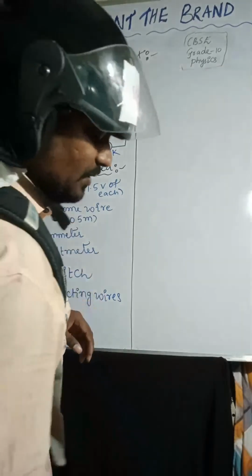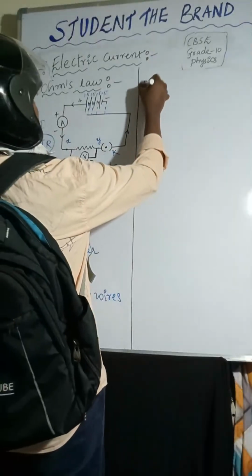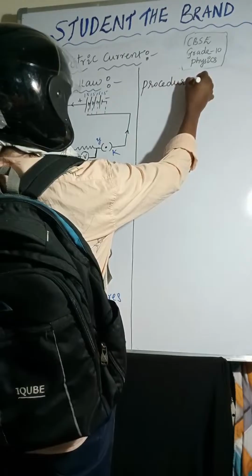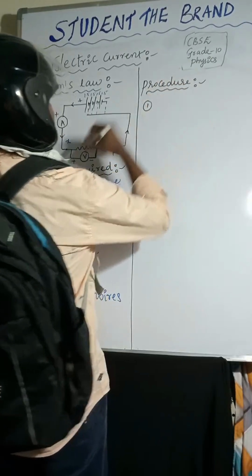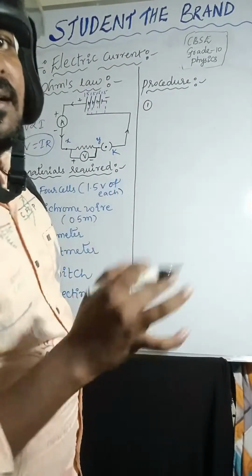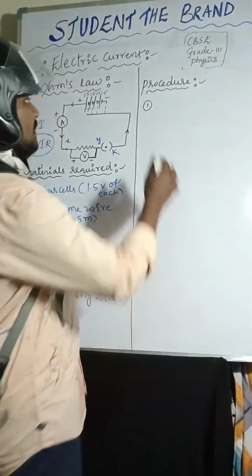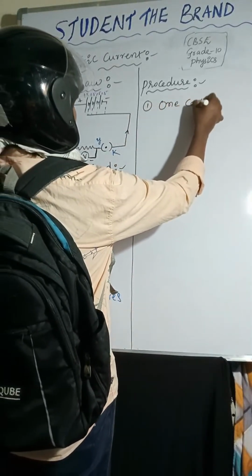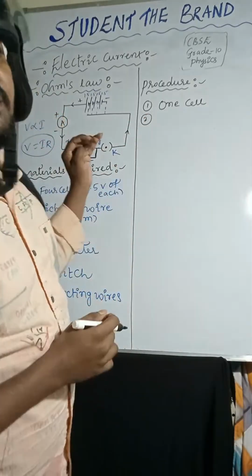Now the procedure. First, connect one cell and note down the reading of the ammeter and voltmeter.